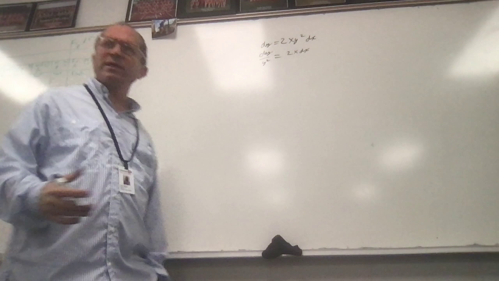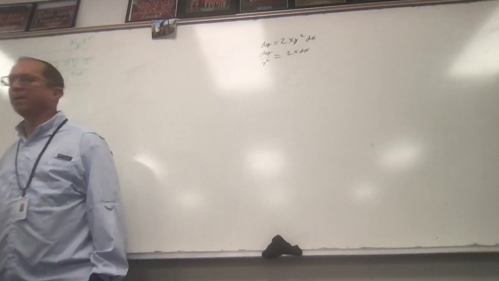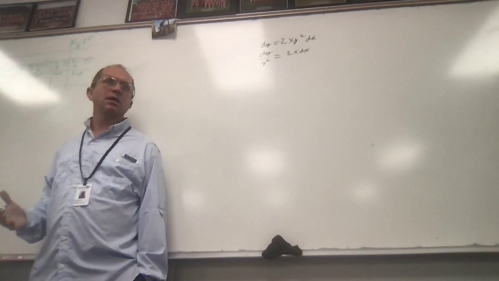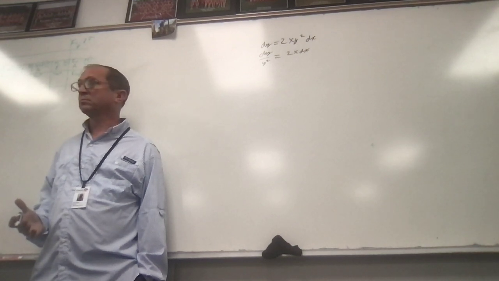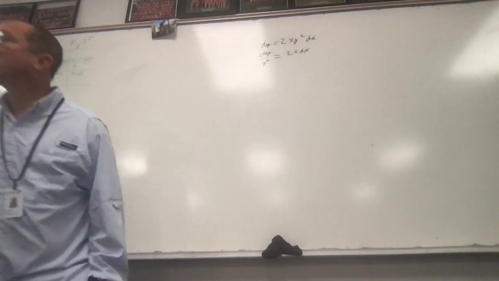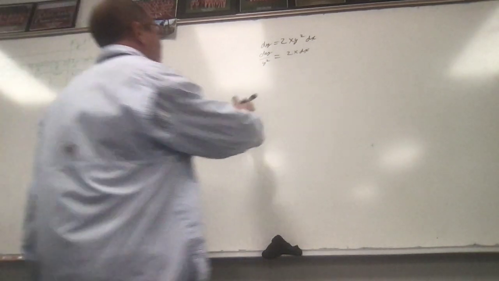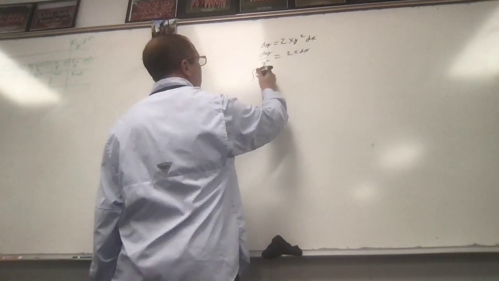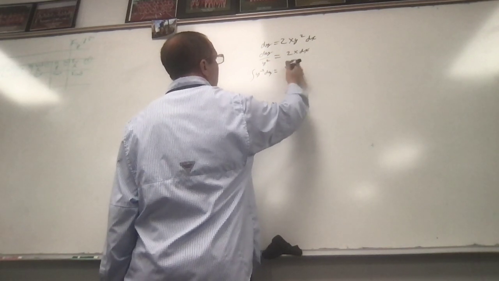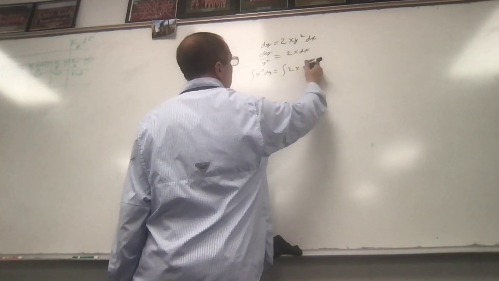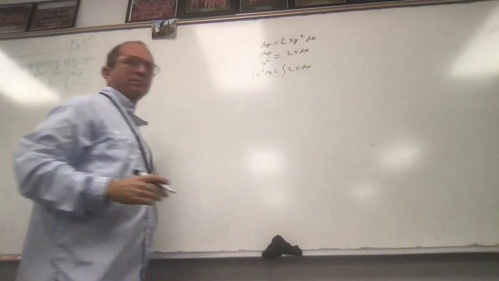Now, again, what's the next step I do here? I do the antiderivative of both sides. So I'm going to rewrite this as y to the negative second dy equals the antiderivative of 2x dx.